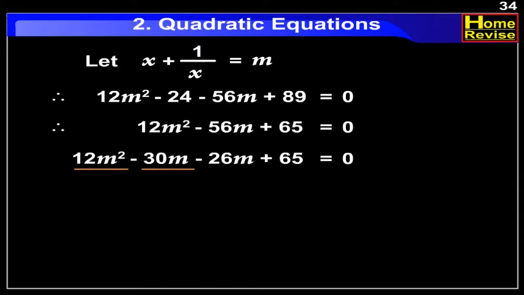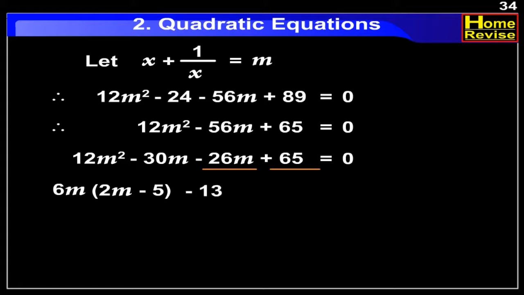Taking out 6m common from the first two terms, we have 6m(2m minus 5). Now taking out minus 13 common from the next two terms, we have minus 13(2m minus 5) is equal to 0.